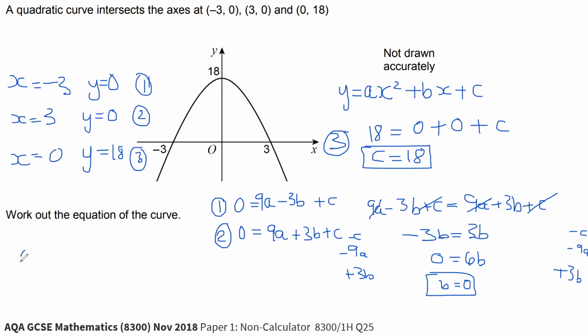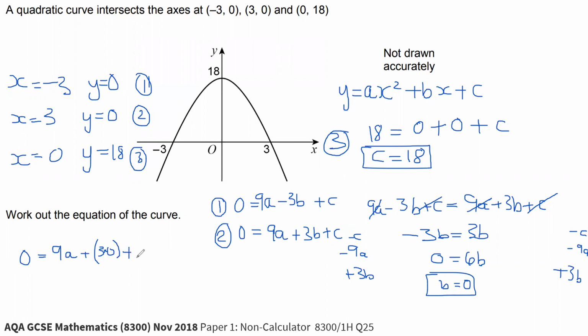So we've got 0 equals 9a plus 3b. Obviously, we know that b equals 0, so that's nothing. We can kind of ignore that, but I'm just going to write it anyway. So we'll write 3 times 0, and then we're going to add c.